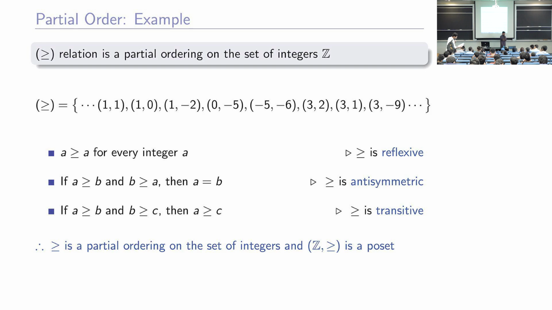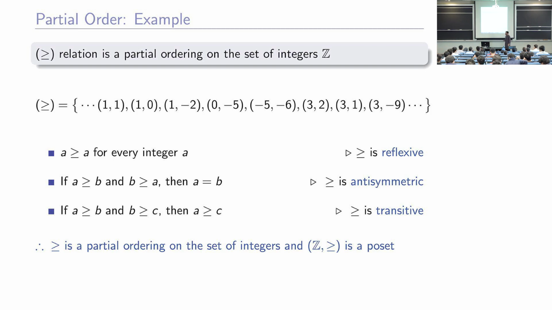A greater than or equal to B and B greater than or equal to C means A is greater than or equal to C. So, this is a partial order, and Z together with this relation greater than or equal to is a poset. Okay, it's a partially ordered set. Nothing fancy, just words, just remember. You don't even need to remember the three conditions here, but if you do, it's a good thing, right. And the best way to remember this is to remember also the equivalence relation.